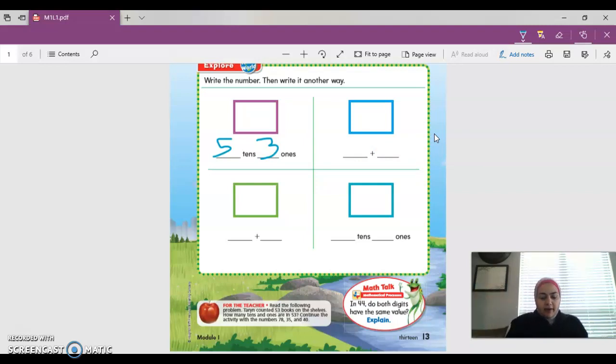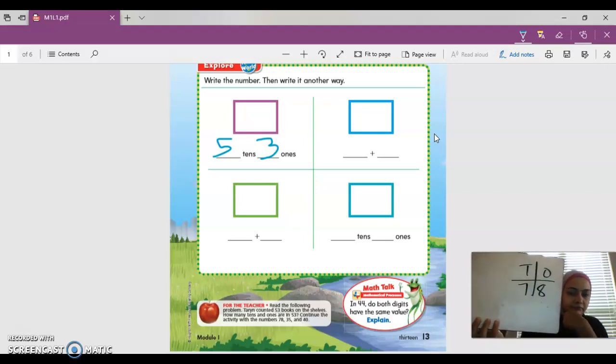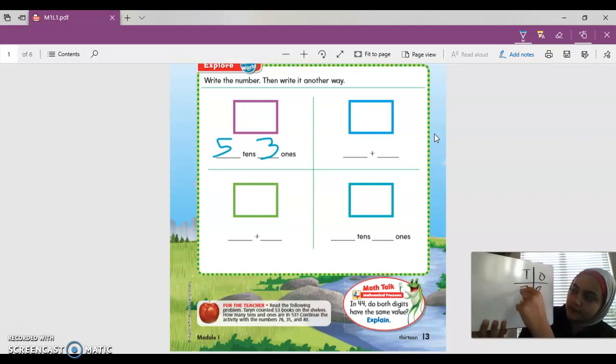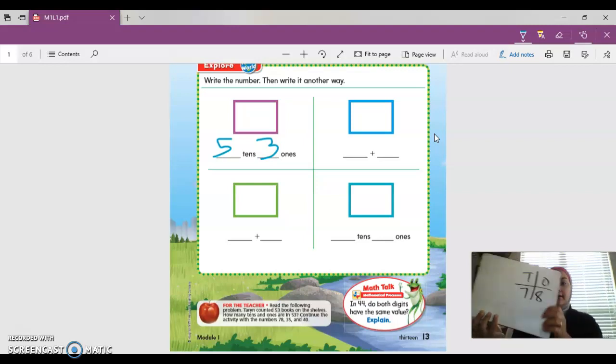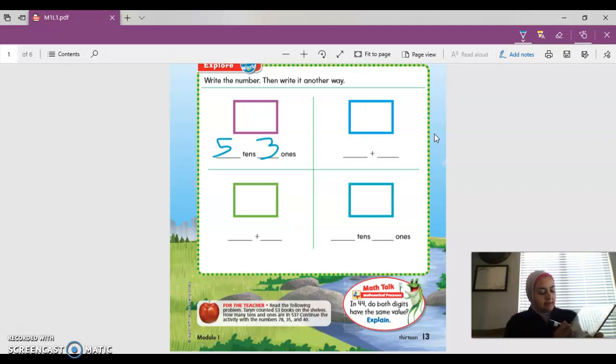So again, my ones and tens chart, and then I'm going to write 78 in my ones and tens chart just like that. Okay. And then you're going to stretch it out. How many tens are in 78? There are 7 tens. 7 tens is the same as 70.